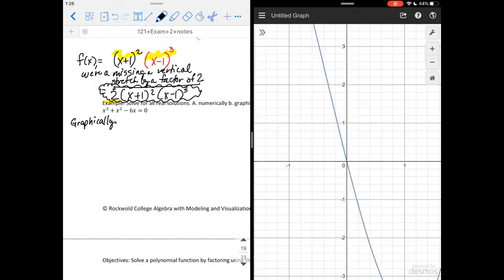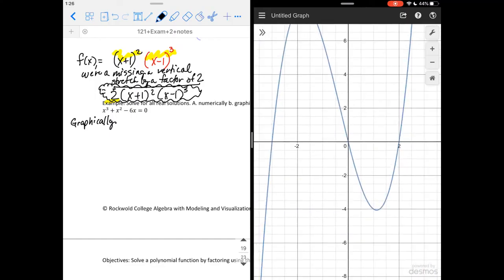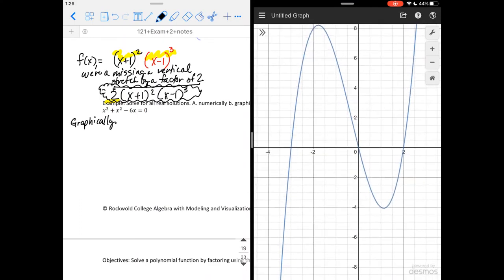And again, we're dealing with powers of 3. So right now we have 1, 2, 3. They all cross. We could have had just one, actually 2 x-intercepts, but one of them was just touching. So it's possible. So graphically, this is technically what we have.